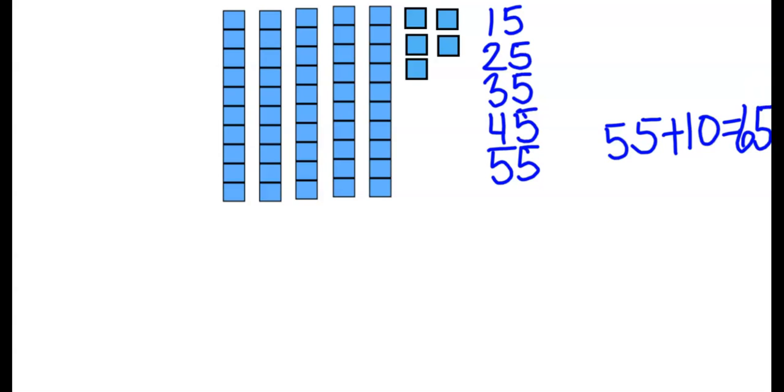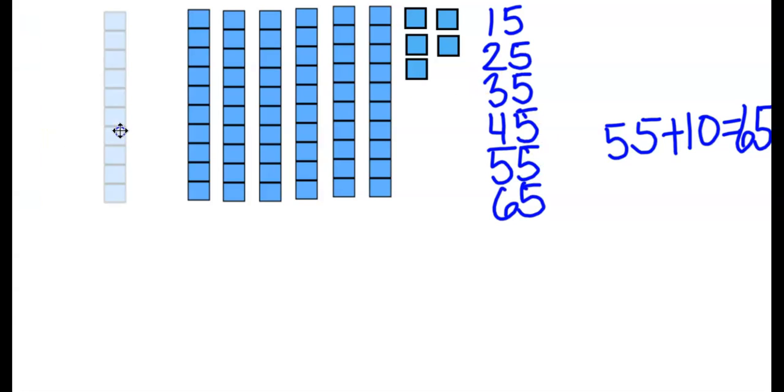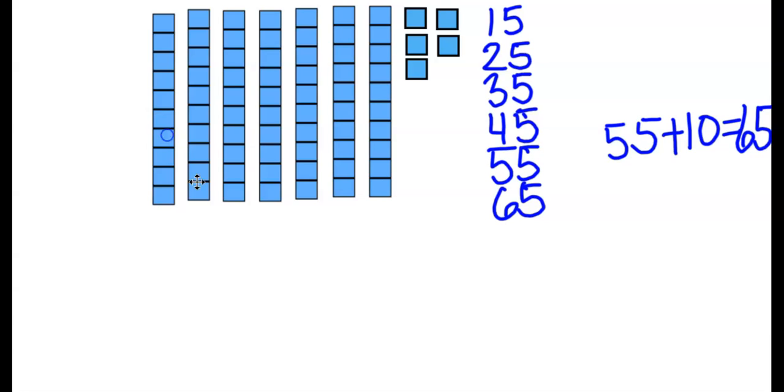So if I've already got 55 and I'm going to add 10 more, I know that I have 65. Let's continue and add another 10 rod. How much do I have now? 10, 20, 30, 40, 50, 60, 70, and 5 more.